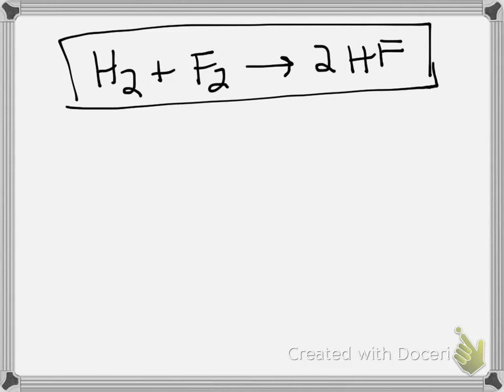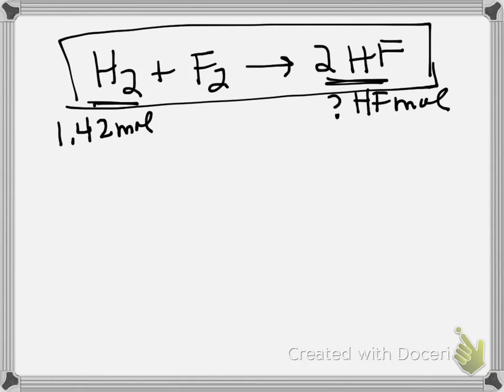Okay, we were given 1.42 moles of hydrogen. So over here by hydrogen, I'm going to write my 1.42 moles. And we were asked to find how many moles of HF that would produce. Now, if we look at the balanced chemical equation, we're going from, by the way, moles of hydrogen to moles of HF.